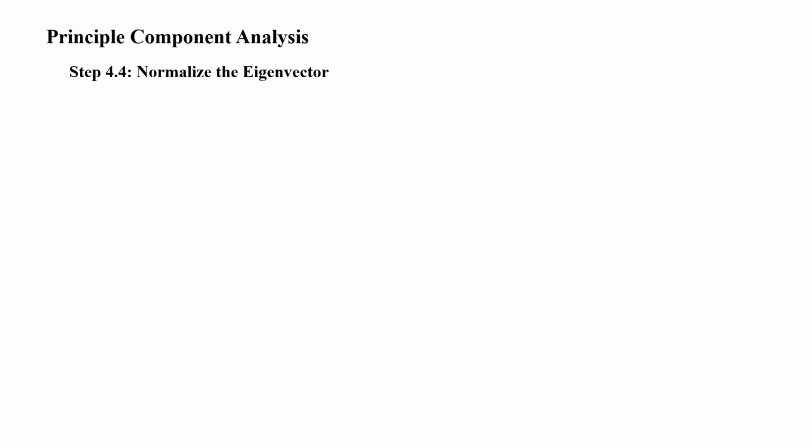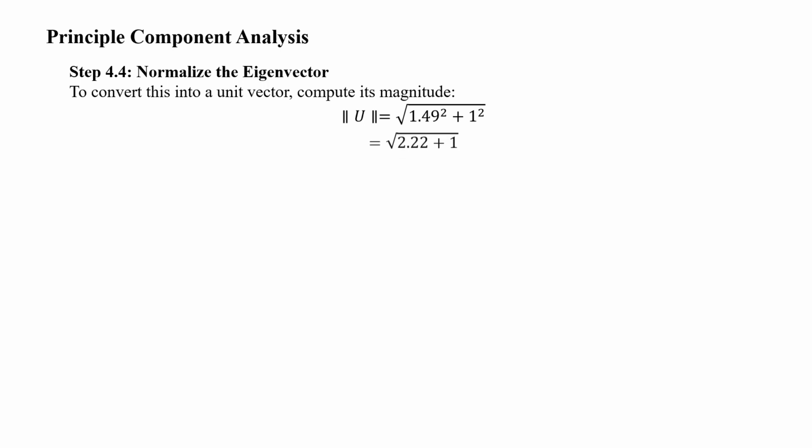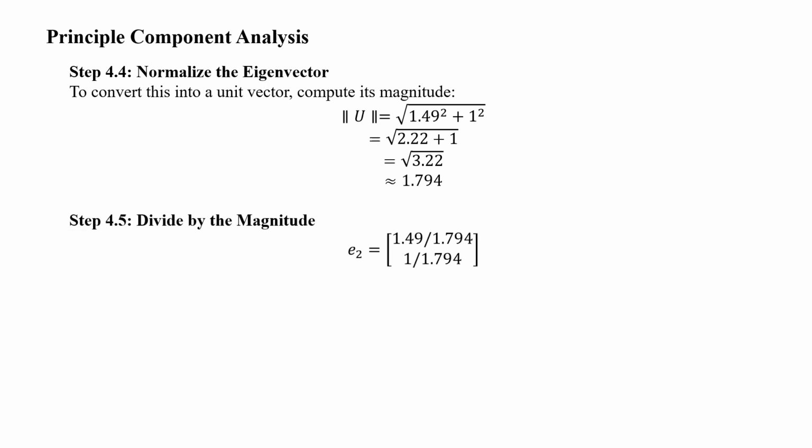To convert it into a unit vector, we first compute its magnitude. The magnitude becomes 1.794. Step 4.5. Divide by the magnitude. This gives E2 approximately (0.830, 0.557).